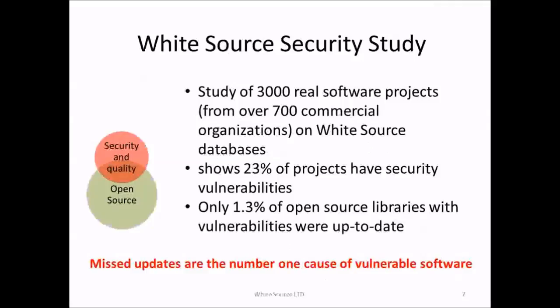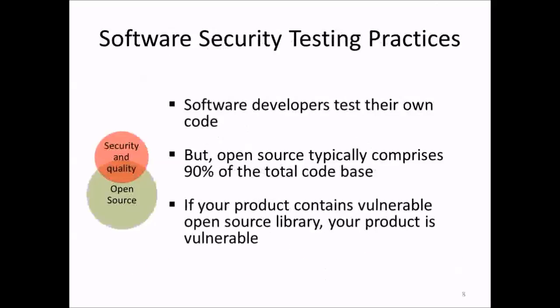And in only 1.3% of the cases are the vulnerable libraries in the latest version. So, the immediate conclusion here is that not updating your open source libraries is actually the number one cause of shipping out software that has known security vulnerabilities that derive from the existence of open source libraries in the software.